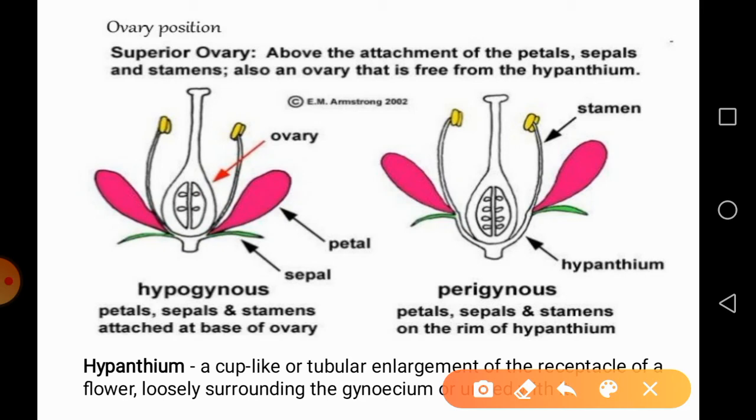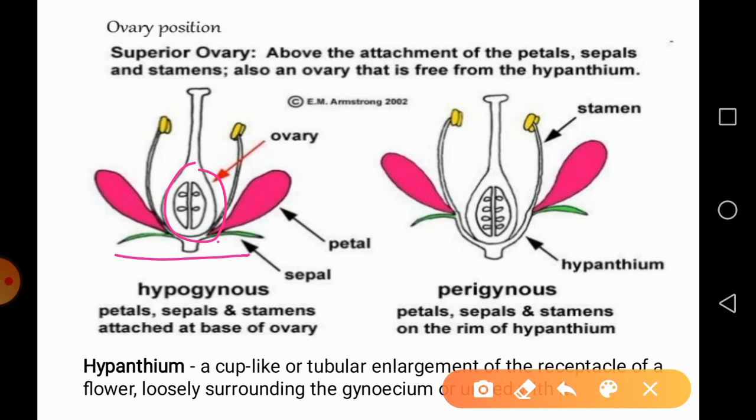So hypogynous condition means what? So you can see here, your sepals, petals and stamens are present at the base of ovary. So ovary is present above these three parts. So sepal is arranged first on this receptacle, then petal and stamen, and ovary is present above these three parts.